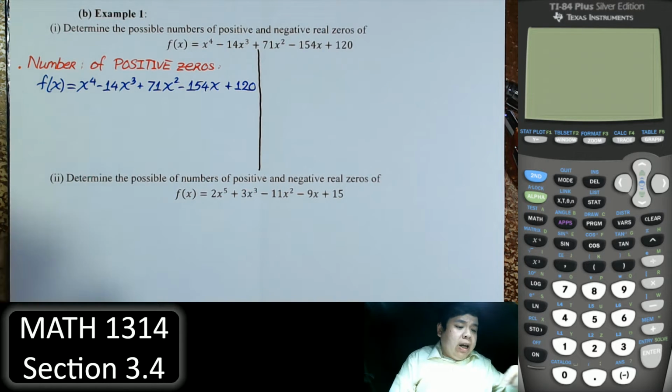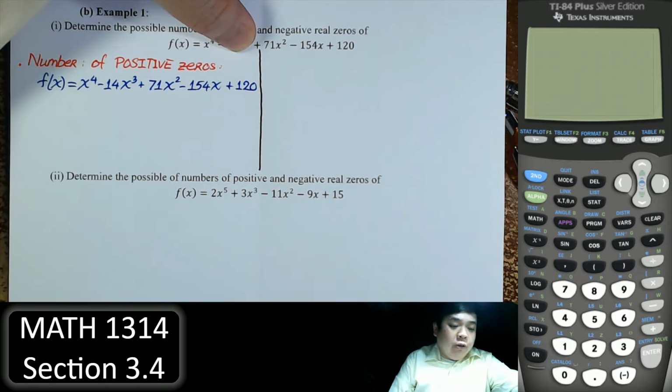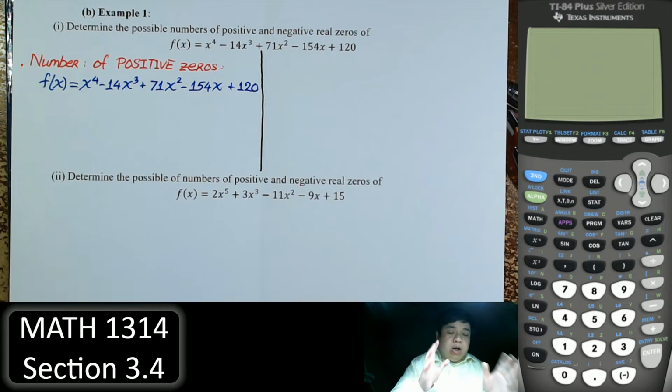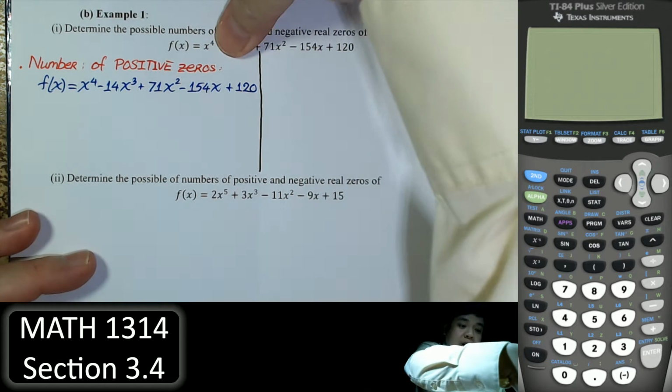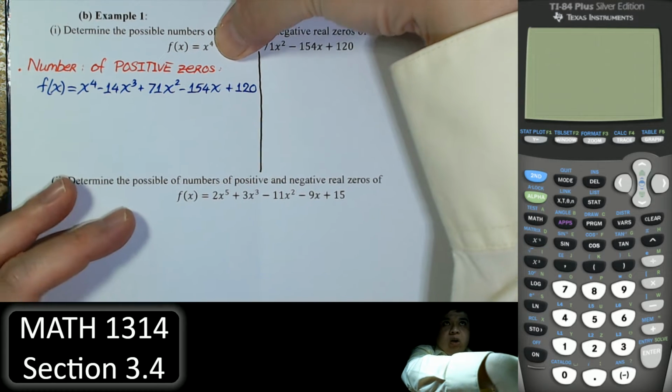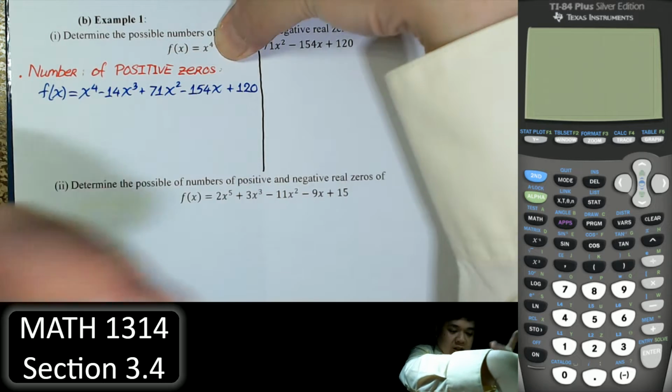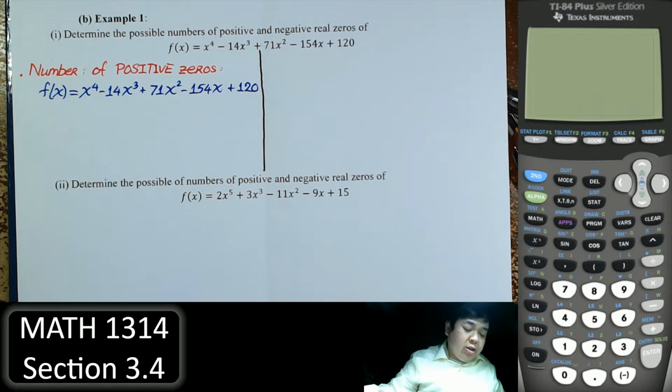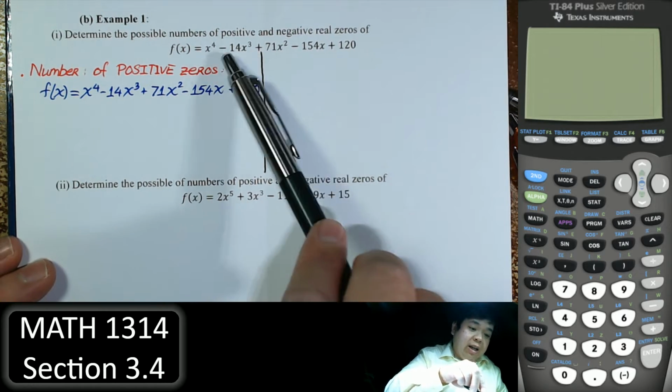By the way, if the polynomial is missing a few terms, it's perfectly fine. Just write the polynomial as is. Even if it's missing a term, like x cubed, just ignore it and count the sign changes. Nothing changes if we have a missing term.